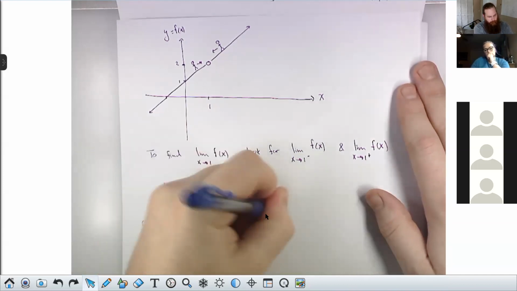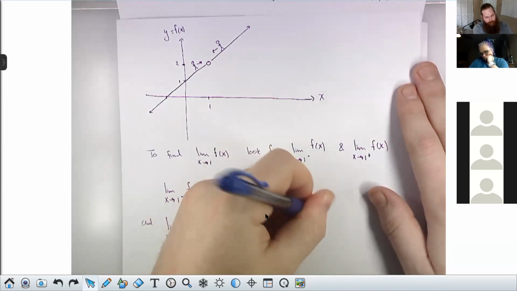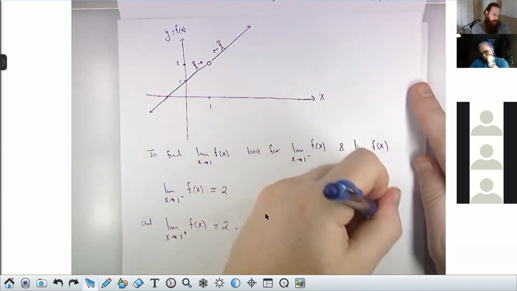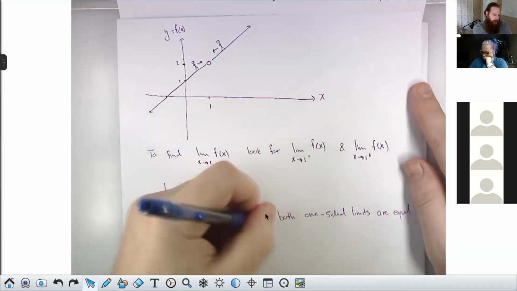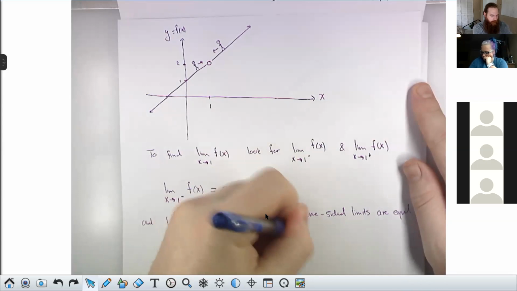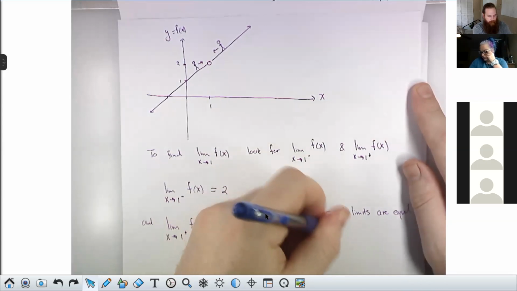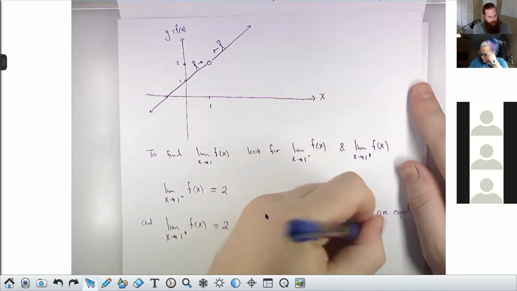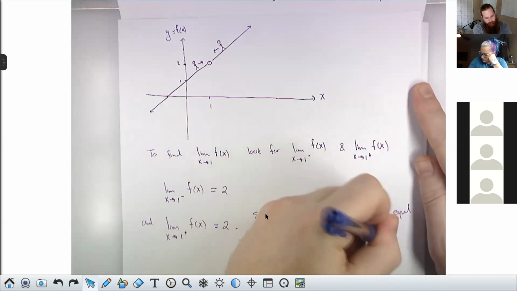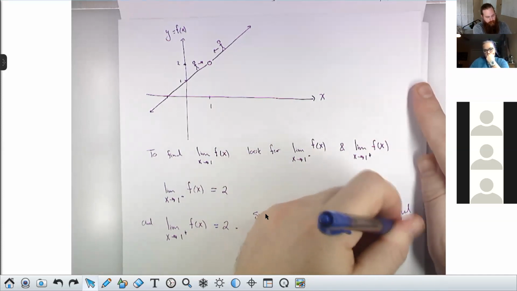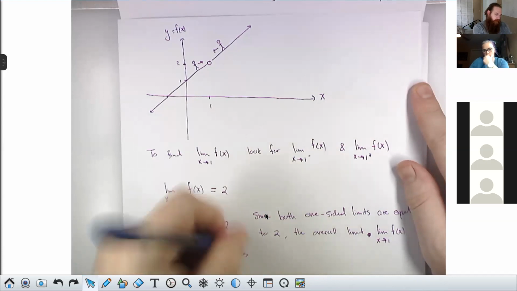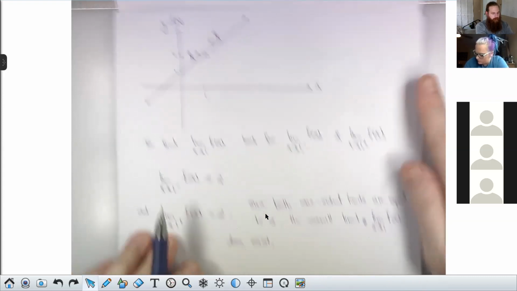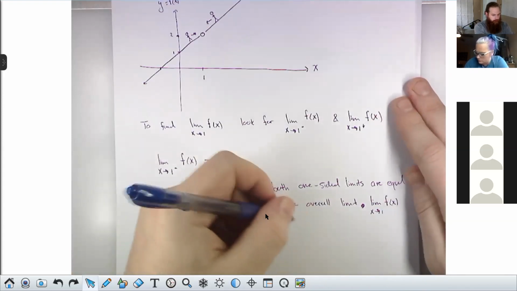Since both one-sided limits are equal to 2, the overall limit, the limit as x goes to 1 of f of x, does exist, and that shared value, the value that these two one-sided limits have, is the value of the overall limit.